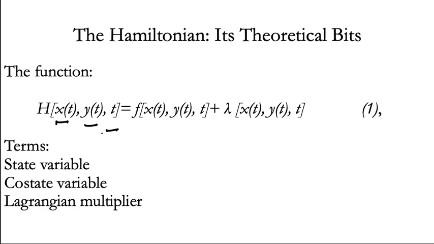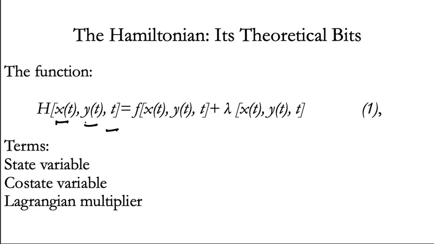If x can change over time, that means there is a growth in x. The same goes for y. y is also a function of time. So if y changes over time, then it means there is a growth for y. And time here is an exogenous variable, because you can see time doesn't depend on any other things in the system or in the equation.